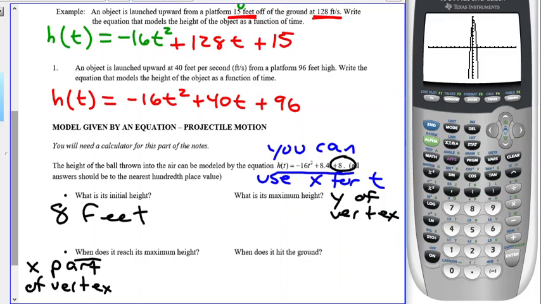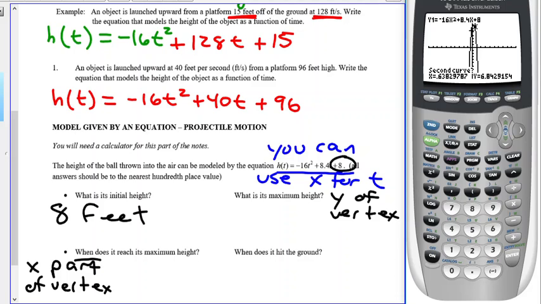So you need to go to your calculator, do second, calc, maximum, and do it the same way we found the maximum before. So go a little bit to the left of the vertex, go a little bit to the right. There we go. Press enter twice.